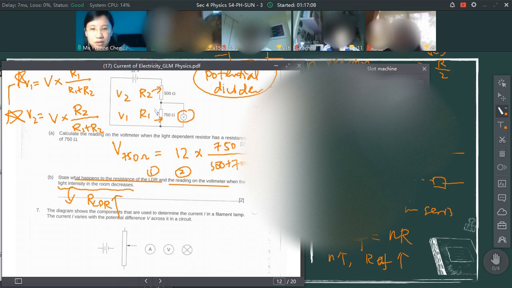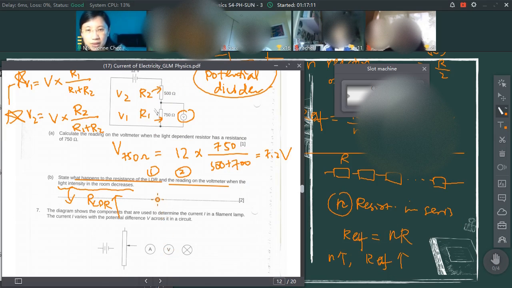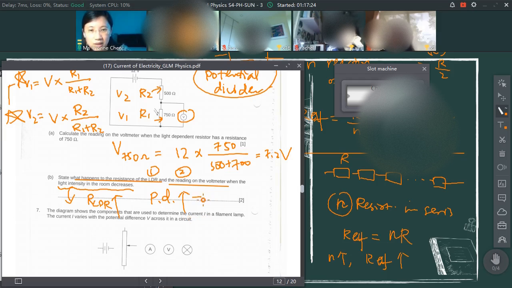So what happened to the potential difference across it? Increase as well. Thank you. PD will increase. So basically it implies the voltmeter reading increases.